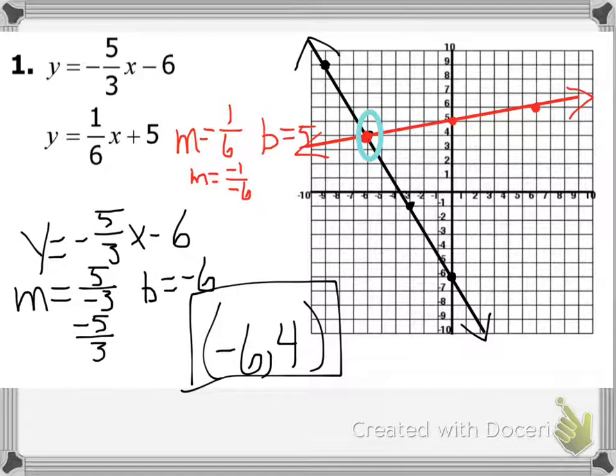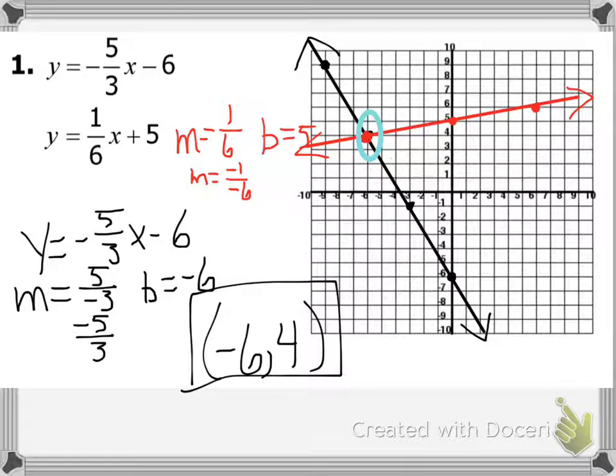If I wanted to check my solution to see if it was correct, what would I need to do? If it ever asks you to check your solution, what do I need to do? To which equation? Both. Very good. I need to make sure it works for both of my equations.